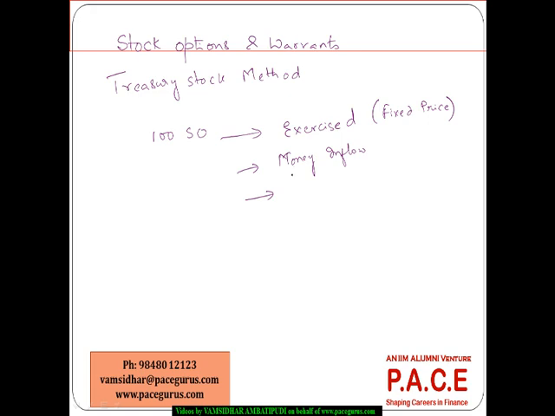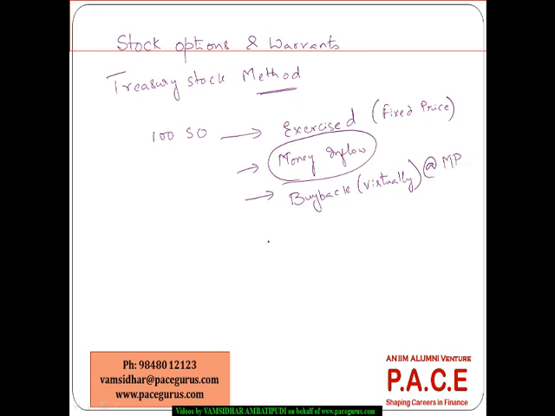Now what is expected in the treasury stock method is that the company will use this fund that has typically come because of the exercise of the stock options to virtually buy back the existing shares in the market at the market price.